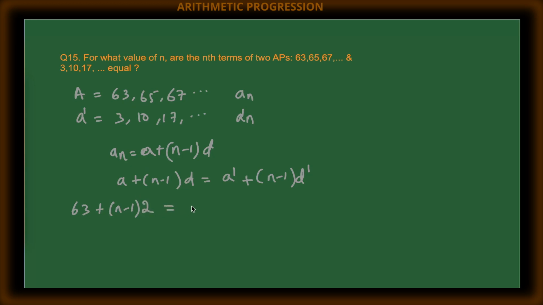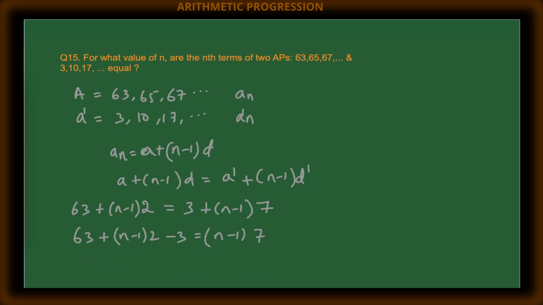Now a dash: a dash is 3 plus n minus 1 into d dash. What is d dash? It is 10 minus 3, which is equal to 7. Hope this is clear till here. Let's solve it. 63 plus n minus 1 into 2, let's bring this 3 here, is equal to n minus 1 into 7.